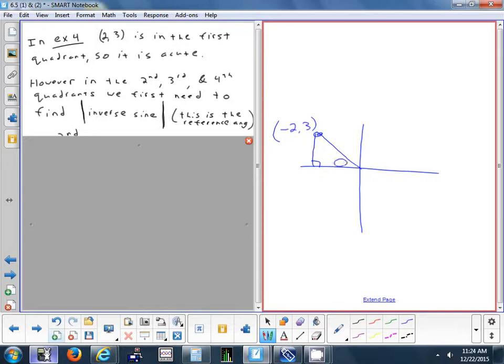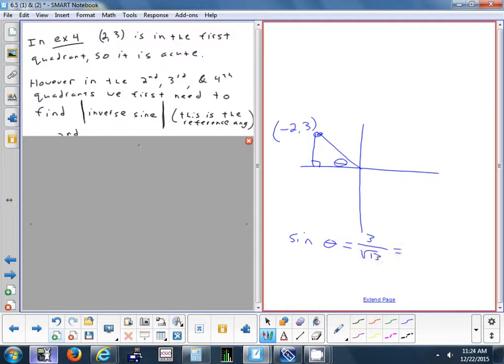And let's put theta right there. What's the sine of theta if I use that point? 3 over square root of 13.